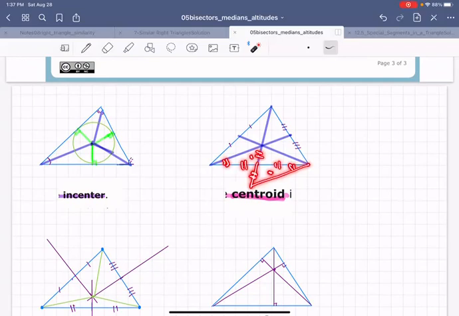If you find these 2 angles equal, you can say this line and this line are parallel, because of the alternate interior angle theorem converse. Because these 2 angles are equal, this line is parallel to this line.